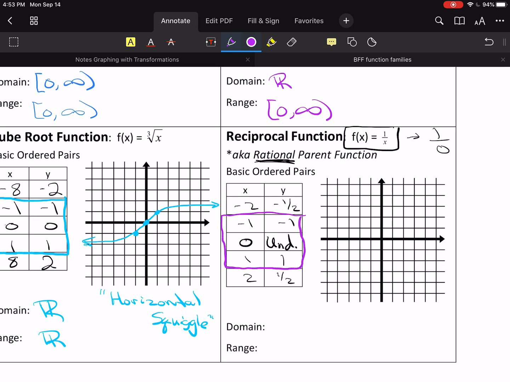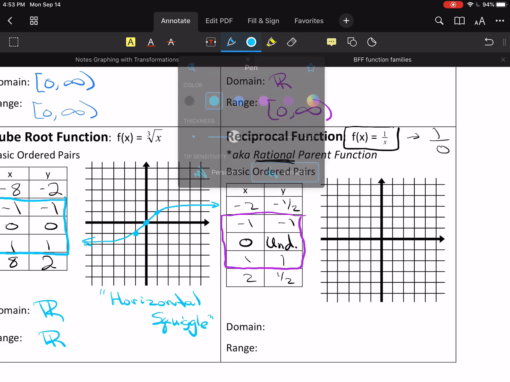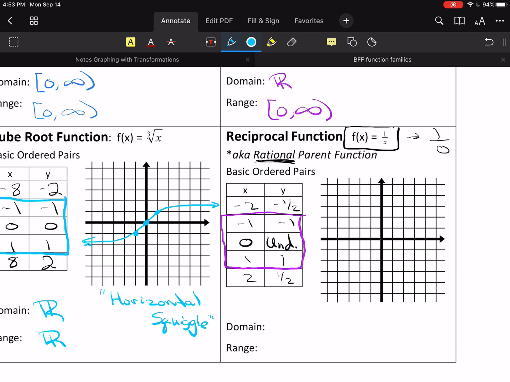Now, that 0 being undefined tells me my asymptotes. So, when x is 0, y doesn't have an answer. So there are my asymptotes.